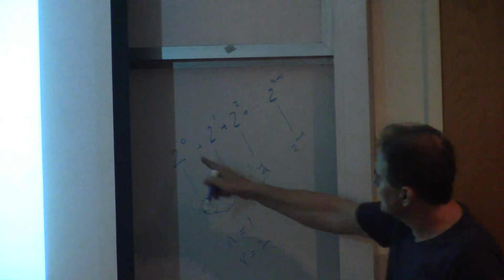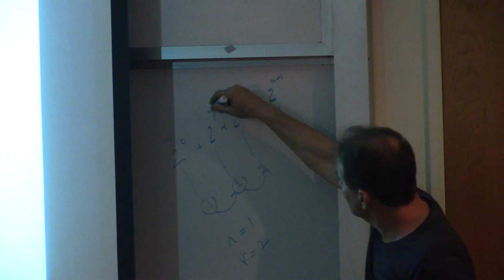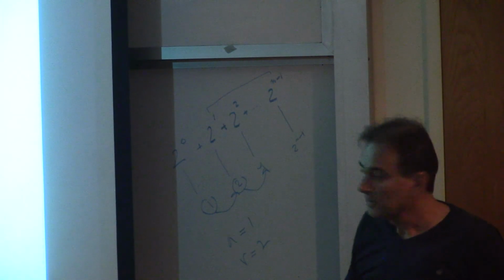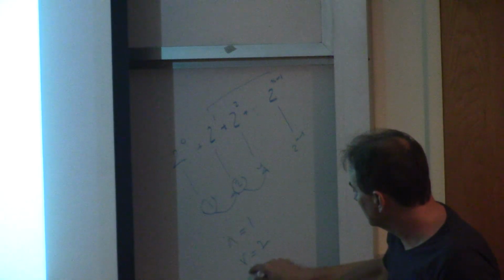And the number of terms is the number of terms. Since the first index is 0, and we're going from 0 to 1 to n minus 1, you'll get n minus 1 terms. But then you've got to add the last one, therefore the number of terms is, in this case, equal to n.